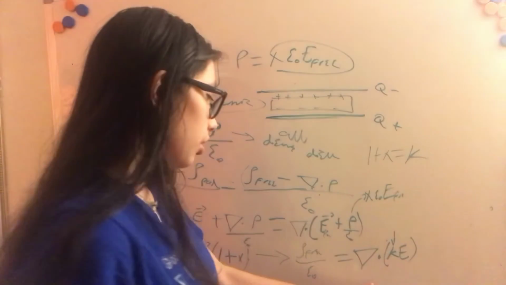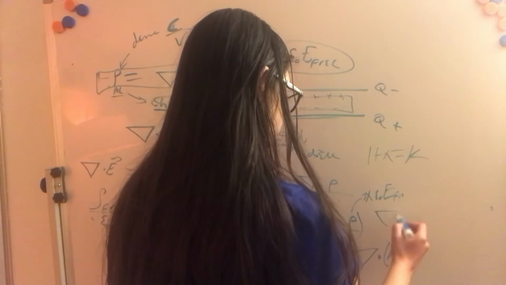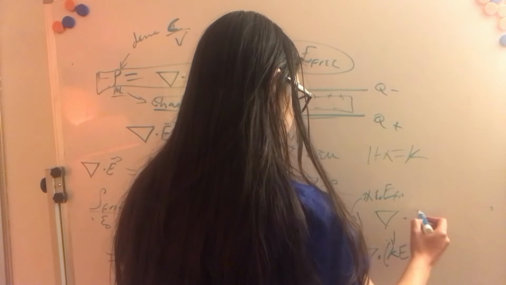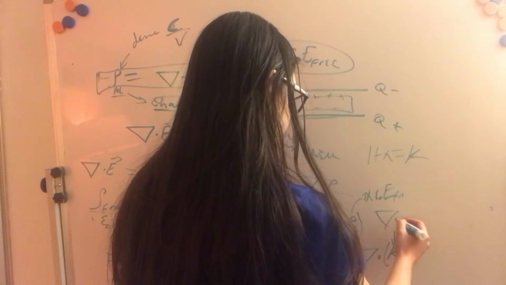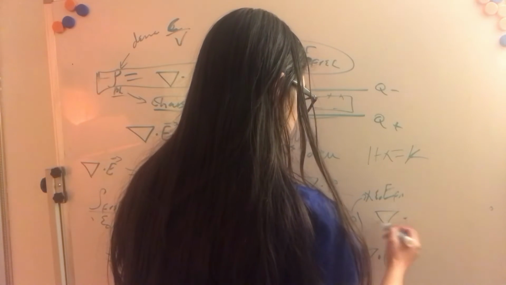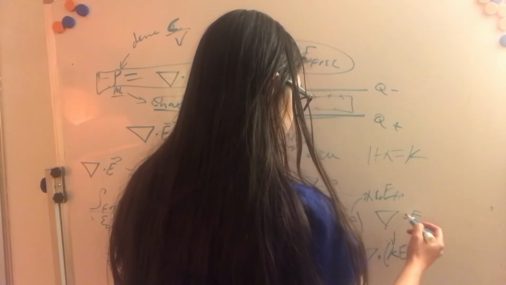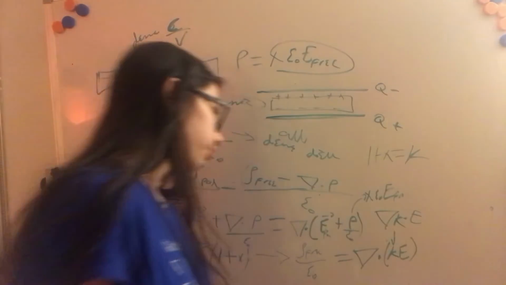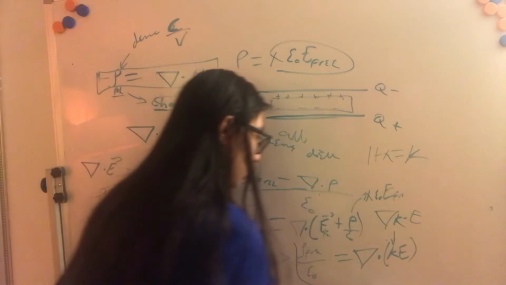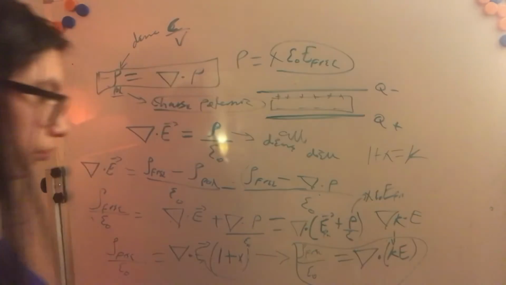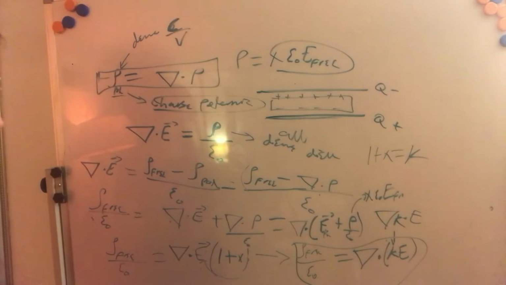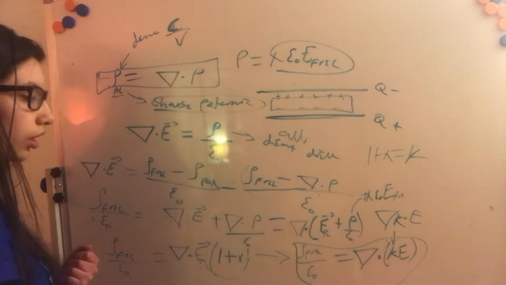But if K is constant, we can just write it as K times the divergence of the electric field. But this is the general form. This is the first of the equations for the dielectric.